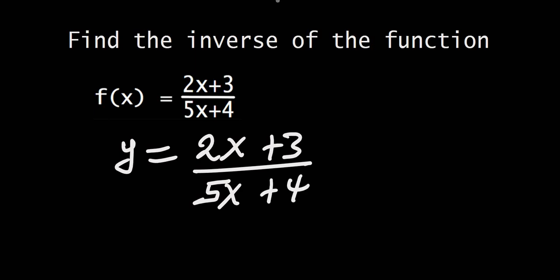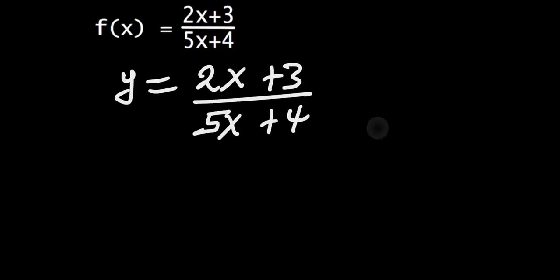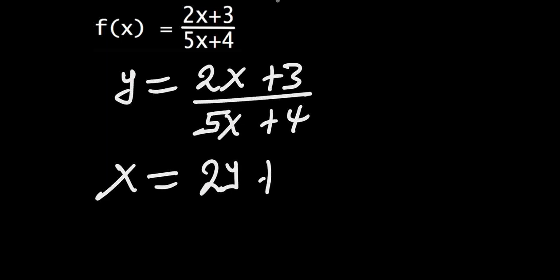Next, we are going to switch the position of x for y and the position of y for x. So once we do that, then we're going to have x is equal to 2y plus 3 over 5y plus 4.